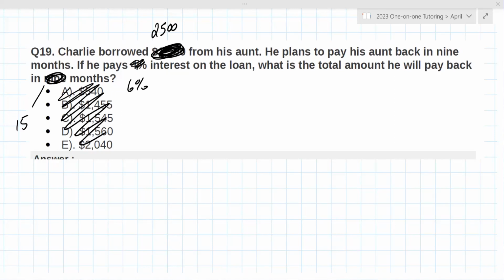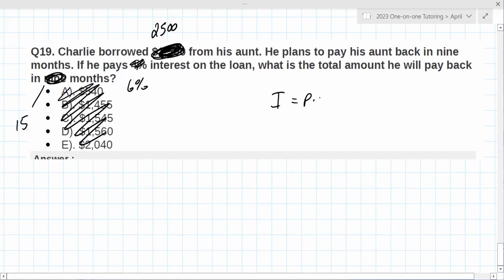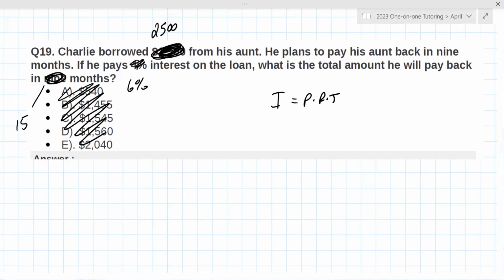So it would be 2,500 times the principal times the rate times the time. Then it would be 0.06, right? Because you would move it two spaces over, right? Okay. And then time.